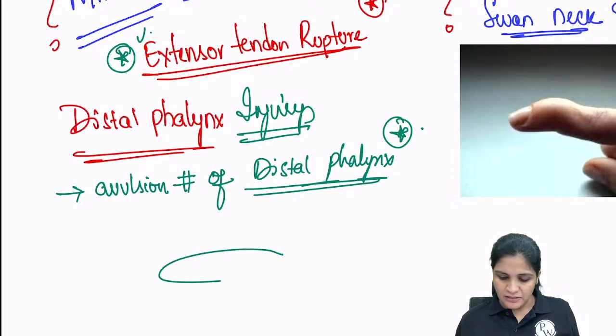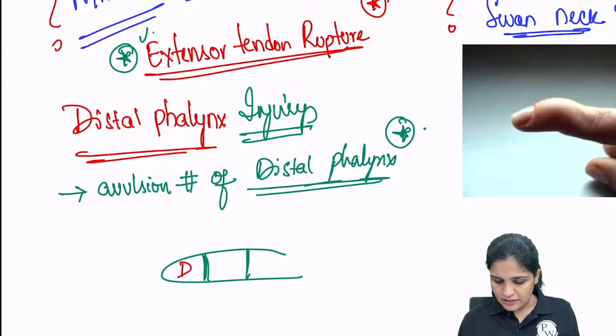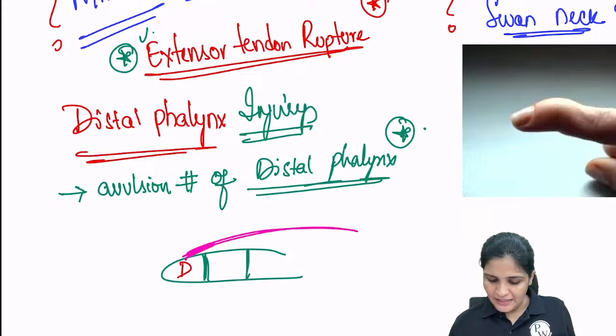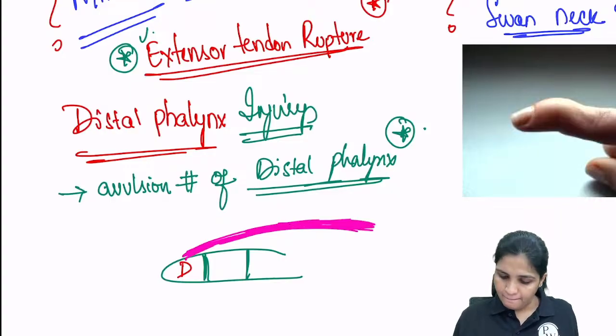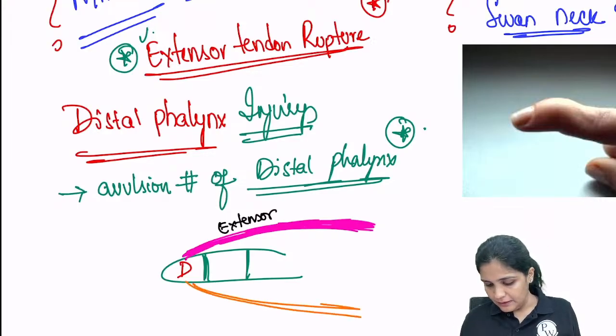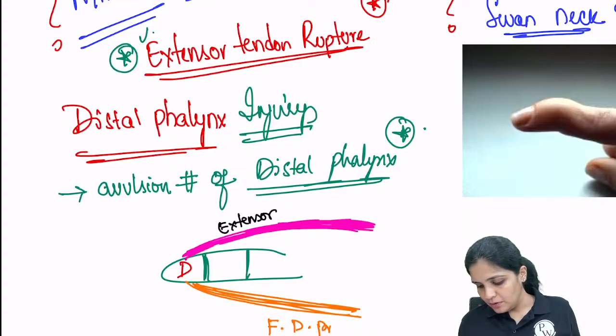So if you see, this is your distal phalanx, and this is the base. At the base will be the attachment of your extensor tendon. And here will be your flexor digitorum profundus tendon.